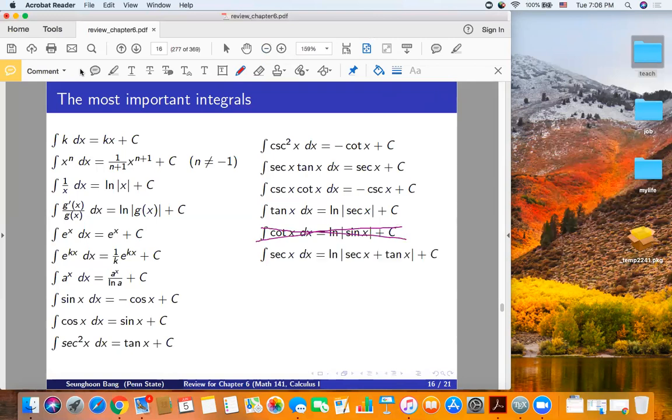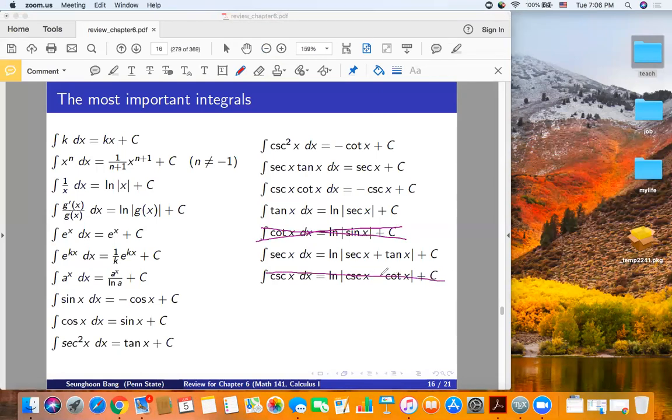The integral of secant is worth memorizing: the natural log of the absolute value of secant x plus tangent x. The integral of cosecant is the natural log of the absolute value of cosecant minus cotangent. Similarly, you don't need it in the exam.